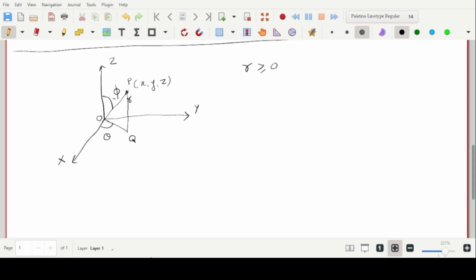Okay, let us draw a new diagram to give you a better impression. This is z, this is x, and this is y. Now I am taking a particular case wherein this point P is lying in the YZ plane.